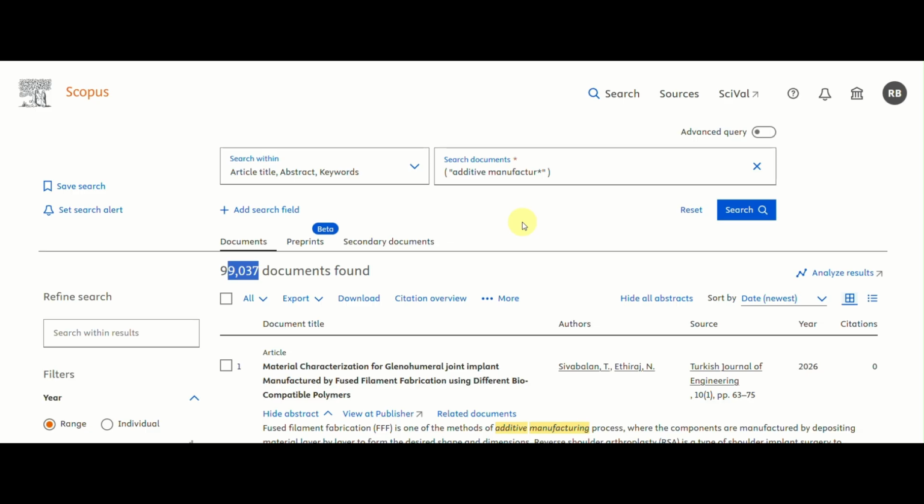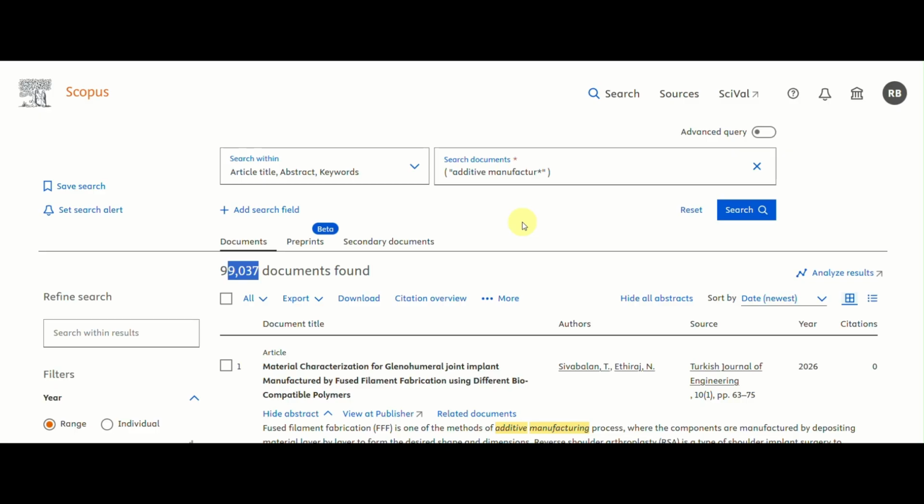I hope you understand. In this series we have learned how to select the specific keyword and the right way of giving those keywords to find the right and quality research papers within our domain. We have given the quotation, the keyword is quoted, and we also used the Boolean operation, and we used star.